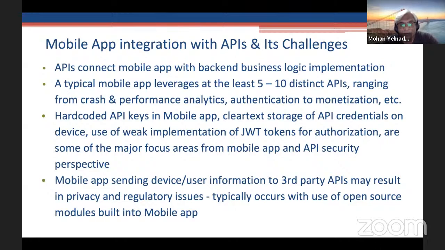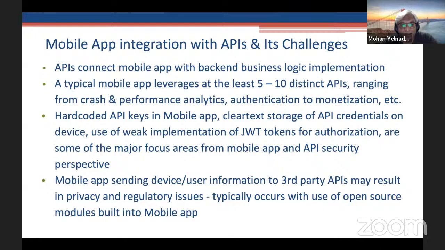So when we talk about mobile app security, we basically talk about what is there on the app itself, anything sensitive. It could be hard-coded API keys, it could be clear storage of API-based credentials, or weak implementation of JWT tokens used for authorization or other purposes, right?